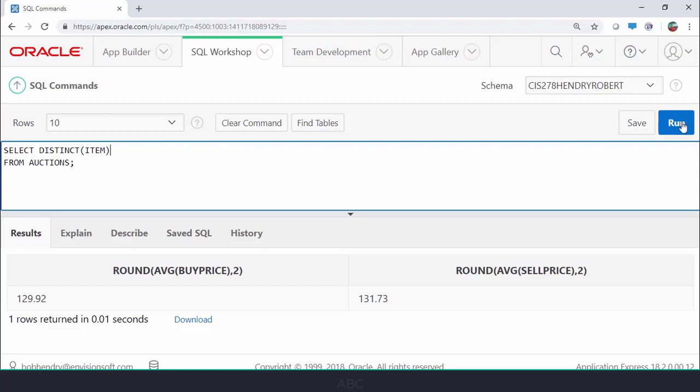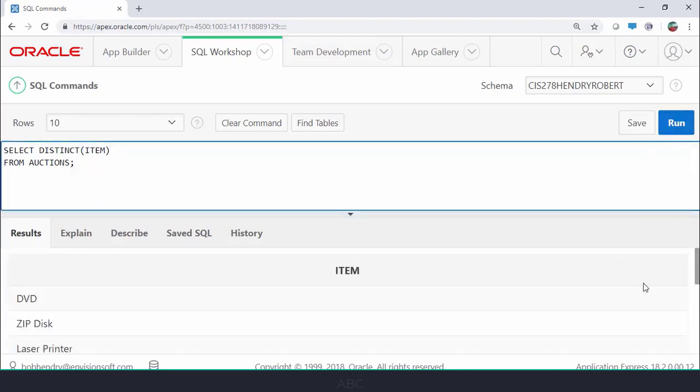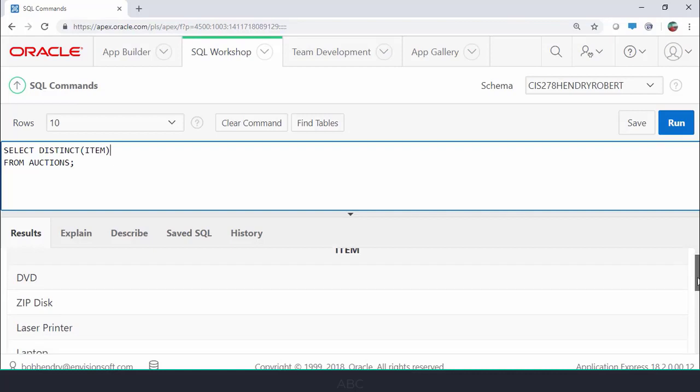You run this, and it'll show me all the different types of items that I have. Give it a second, it's a little bit slow right now. There we go. And it shows me all of my items.